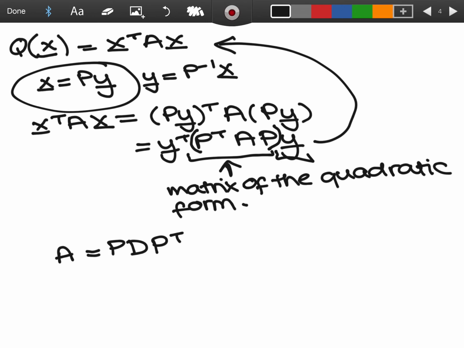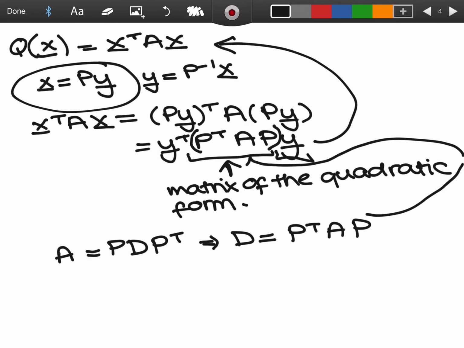So A is equal to PDP transpose, which means when I solve for D, I can pre-multiply both sides by P inverse or P transpose, and then multiply on the right on both sides by P. So I end up with D equal to P transpose AP, which is exactly what I have up here.